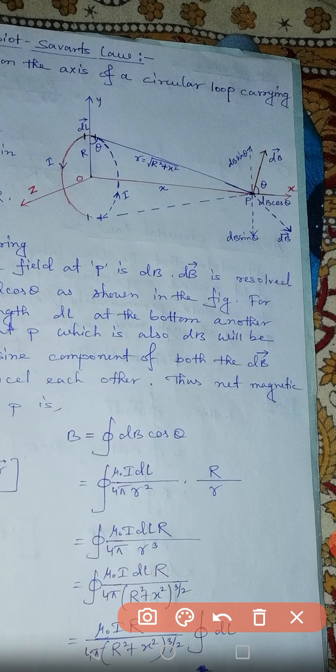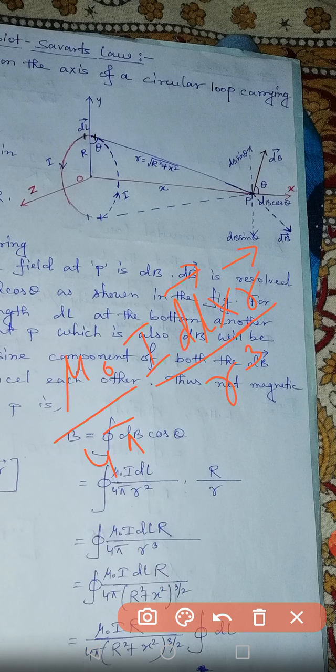If you remember Biot-Savart's law, what was that? Mu naught by 4 pi, in vector form, I dl cross r unit vector, or below it was r cube. It was something like this.